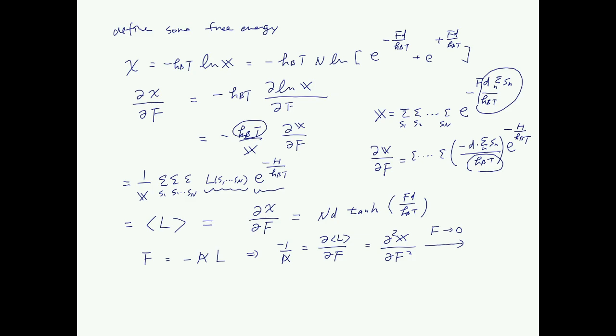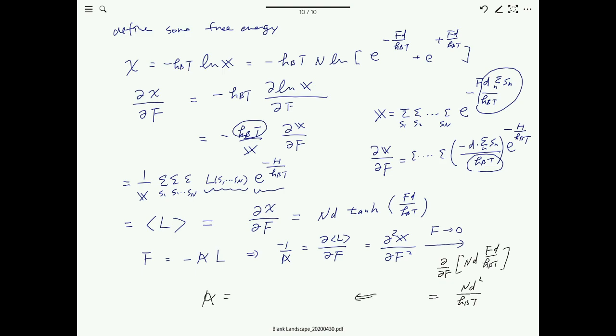If you calculate this limit, you get the same result. So my kappa is kBT divided by N d squared.